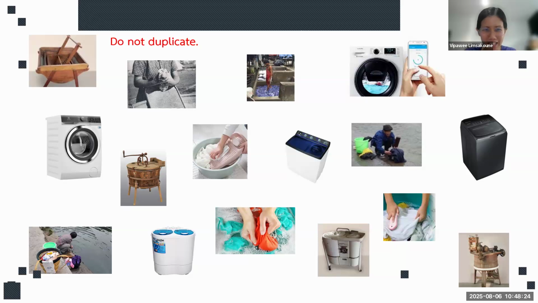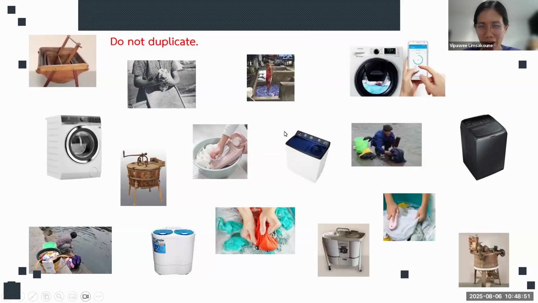Once you have this many pictures, you can help each other discuss how to separate them into approximately, for today, I would say 3 patterns. In general we can separate into more, but within the time that we have, I suggest 3 patterns would be a good amount.